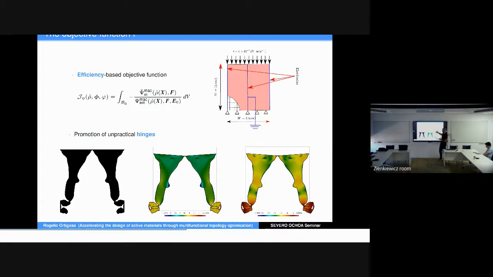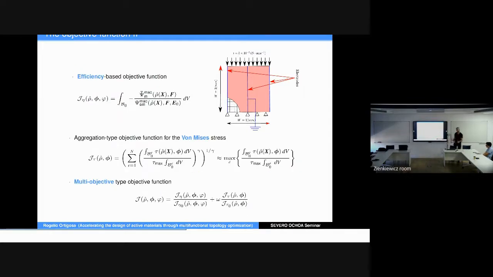So it is good from the point of view of this objective function, but not from the structural point of view of this design, which means that basically you need a multi-objective topology optimization problem, where in addition to this, you add this objective function, which is basically kind of an envelope of the von Mises stress in the material. When you do that, you introduce this weighting parameter, and you can see what's going to happen. When this parameter is 0, you are left with the previous situation.